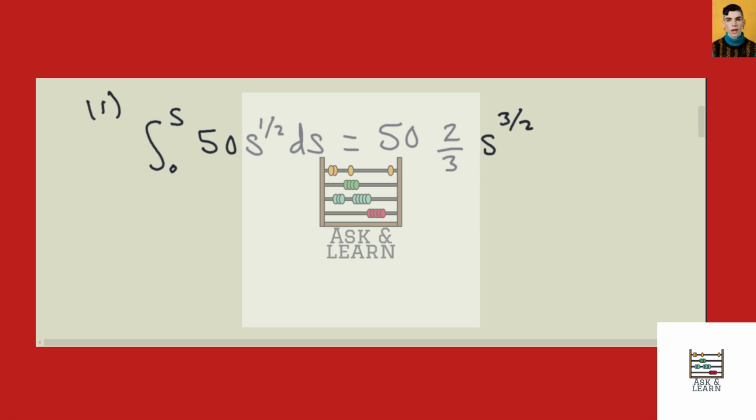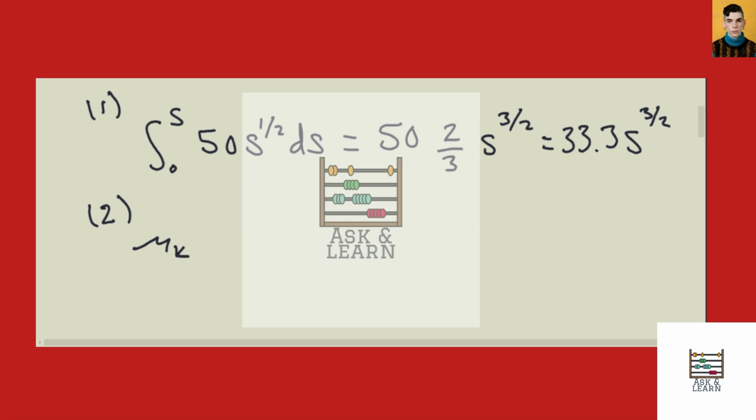You add a 1 to the exponent: 1/2 plus 1 is 3/2, and then you flip that and you get 2/3. And then the boundary is 0 to s, so the s stays the same. You can clean this up just a little bit. So we have 33.3 s to the power of 3/2.